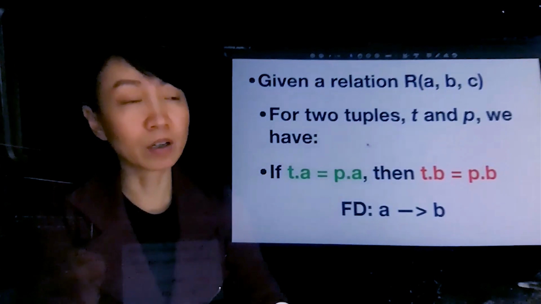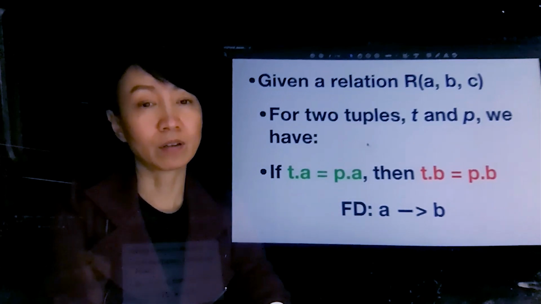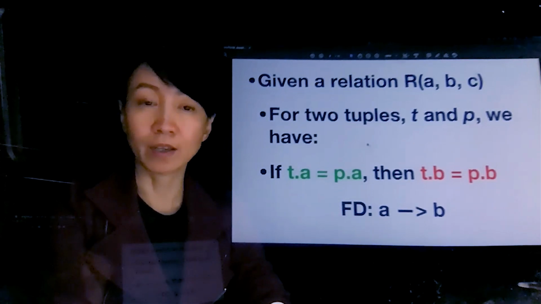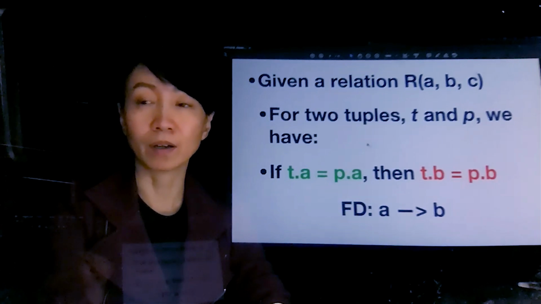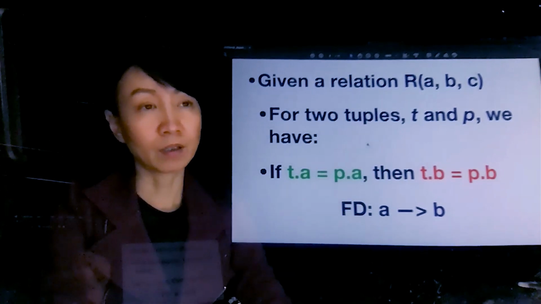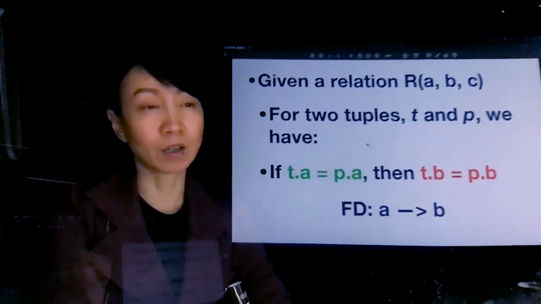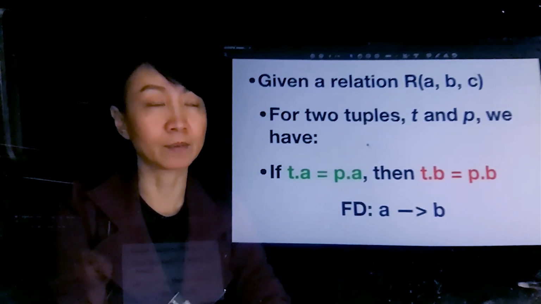According to the previous definition, it's still not that easy for us to discover all the FDs from a given data set. What about this one? With this interpretation, it's pretty easy for us to discover the FDs.